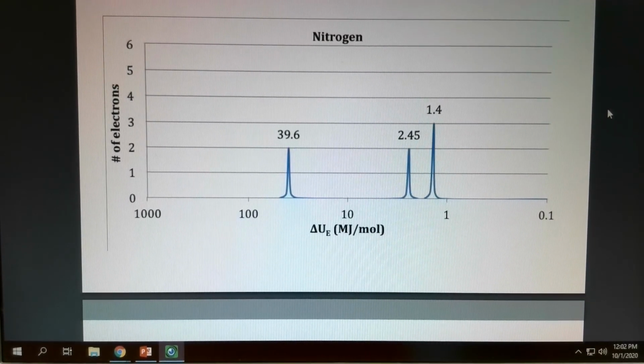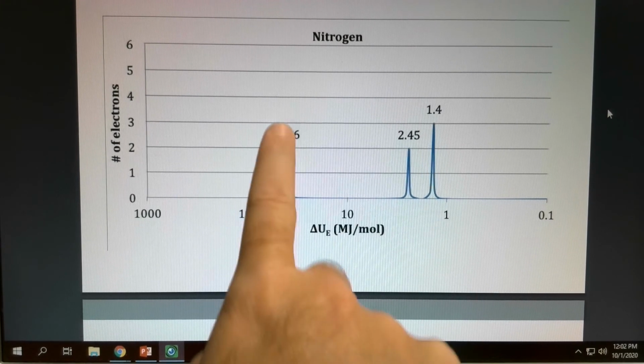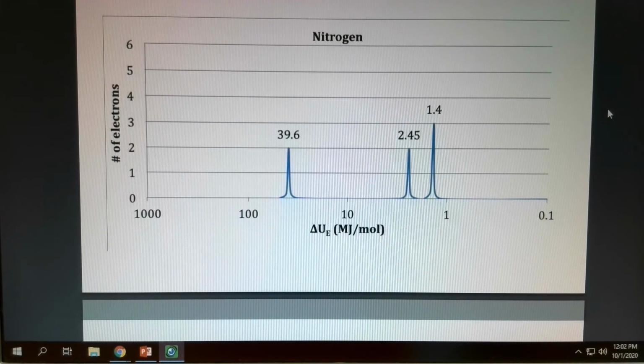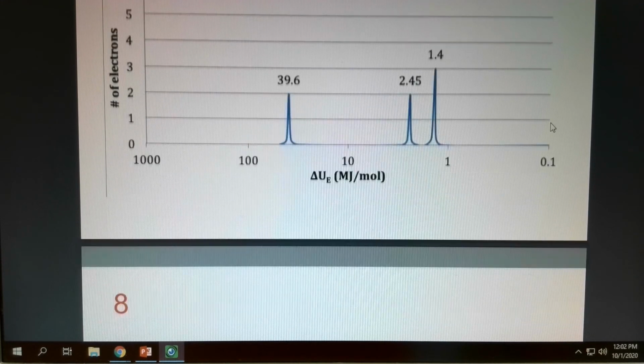The 2p orbital has 3 electrons in it for nitrogen. Okay? And again, if you keep on looking at this peak, the energy keeps going up and up and up because we have more protons coming to the nucleus, and therefore it's going to be harder to remove those electrons.